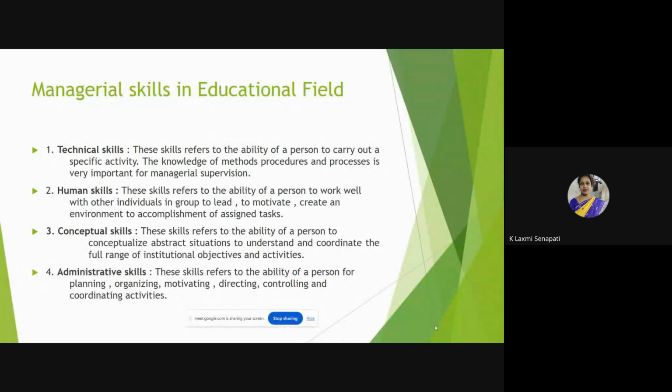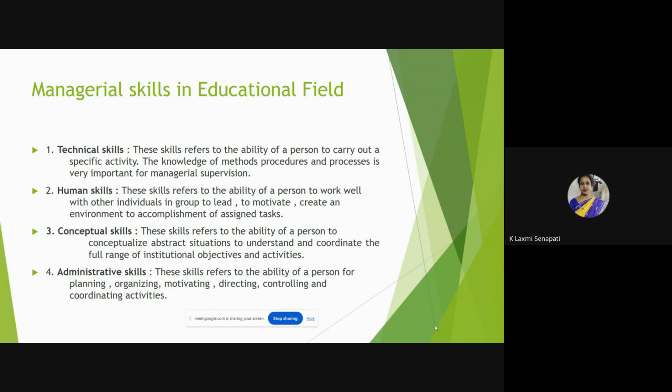Suppose annual function is going on in your school, so different works will be assigned to different teachers. If they work unitedly, definitely the output of that function will be very good. Otherwise non-cooperation is there, leg pulling is there, backbiting is there.